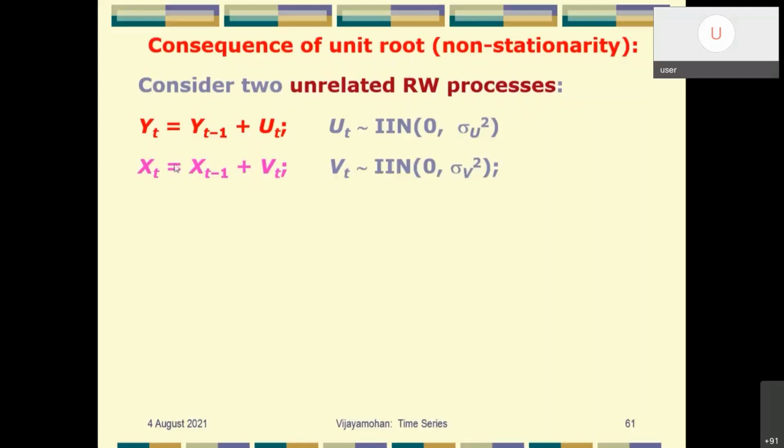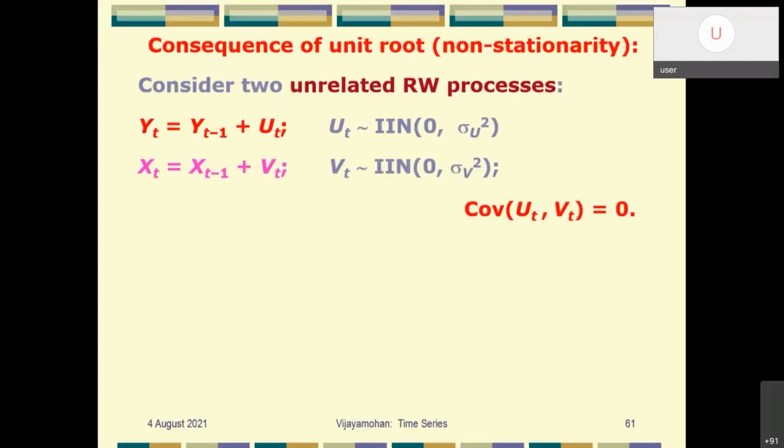So we have two random walk processes. Along with this, we have an additional assumption that the covariance between UT and VT is 0. There is no relationship between these two, so YT and XT must be unrelated. They must be independent of each other.